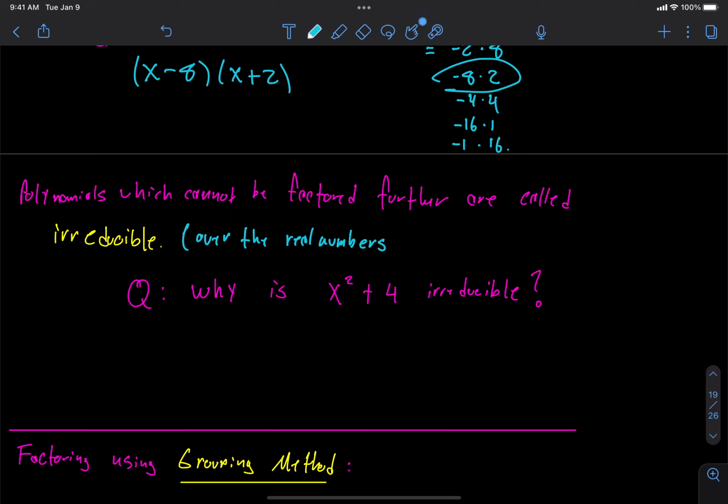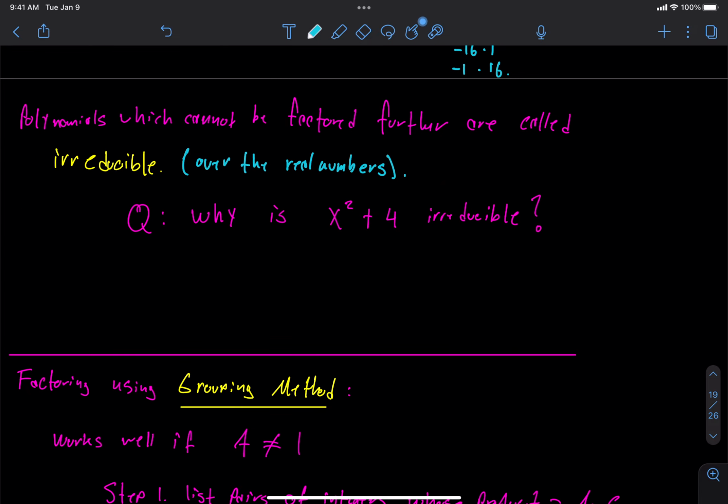But you can just call them irreducible, and I'll know what you mean. It's a little bit difficult to get your head around this concept at first because it seems like, well, shouldn't they all be factorable? And it turns out that they're not.